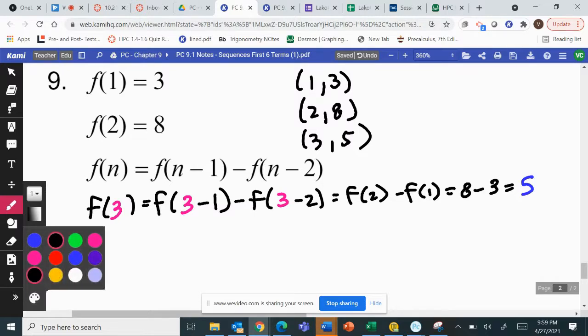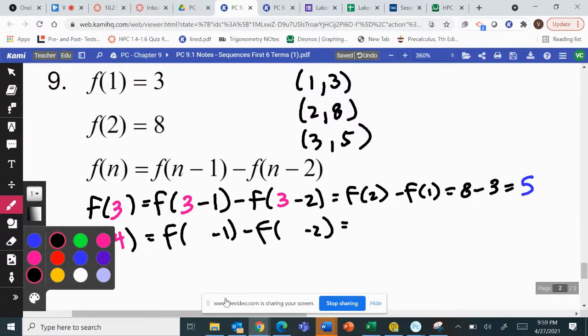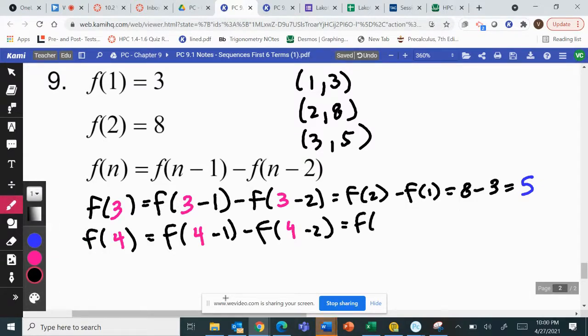Let's do another one. f of 4 equals f of 4 minus 1 and 4 minus 2. So we will get f of 3, take away f of 2.